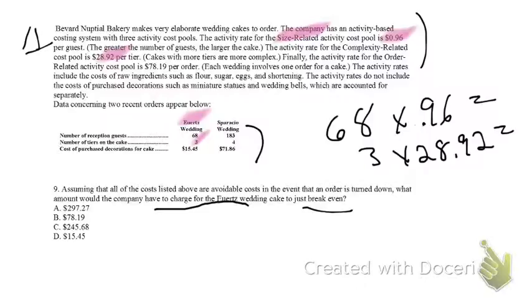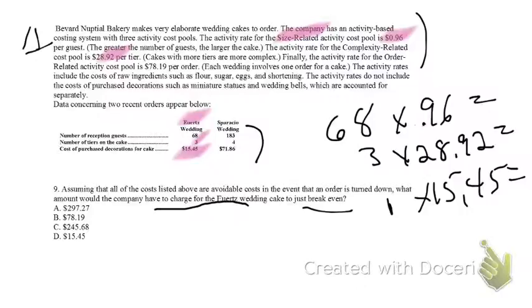Now I need a cost for the purchase decorations, and the purchase decorations were $15.45. And keep in mind that's all inclusive. So if you want, you can think about it as $15.45 times 1. And then order-related activities are $78.19 per order.